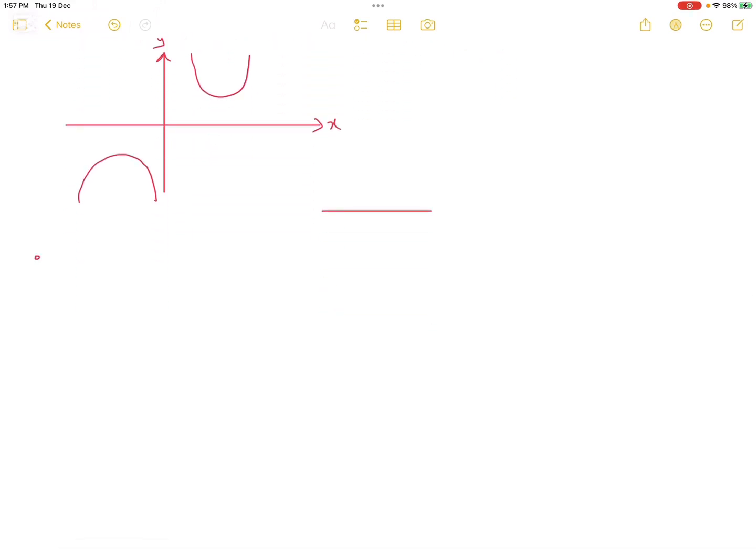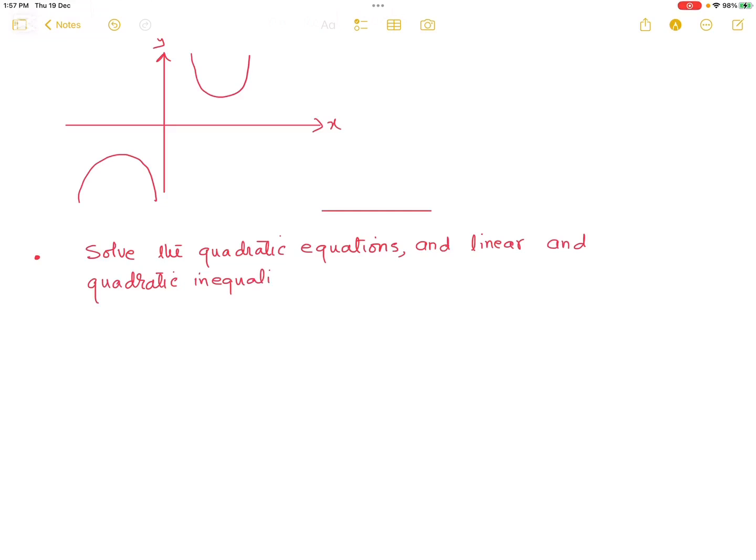Our third point is solve the quadratic equations and linear and quadratic inequalities in one unknown.